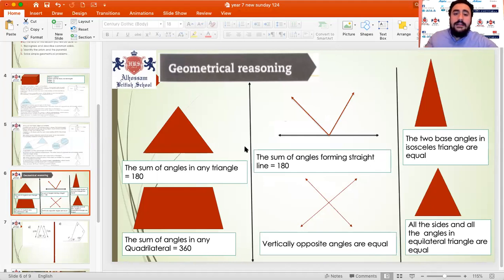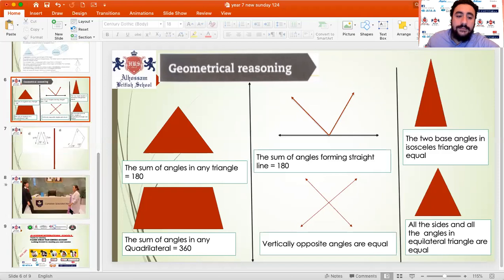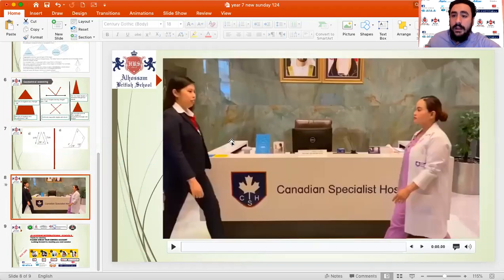Next time, inshallah, we're going to talk about geometrical reasoning, and this lesson is extremely important to you. Your homework on 3D shapes is going to be on the IXL. You're going to write identifying 3D shapes on the IXL, and you will see all the questions about how to identify them.